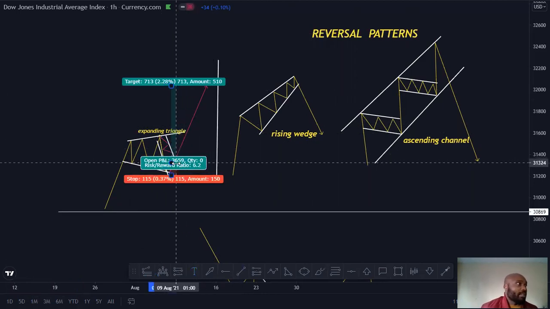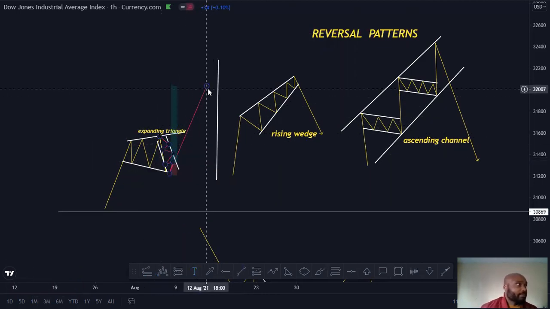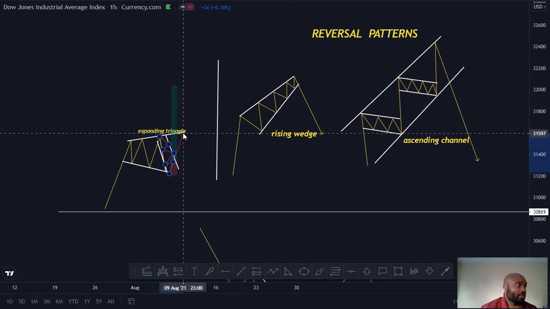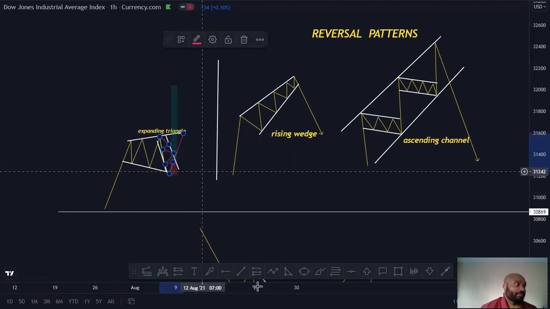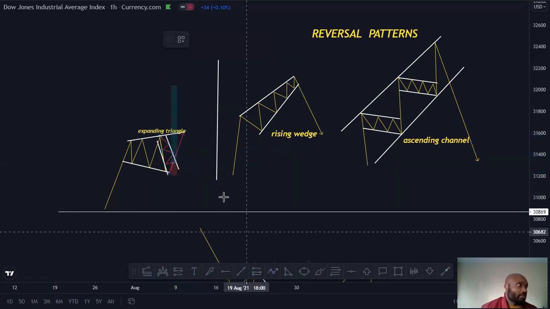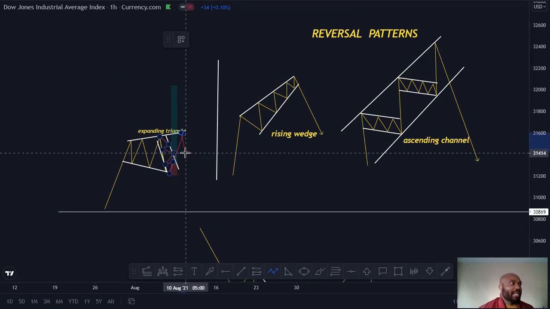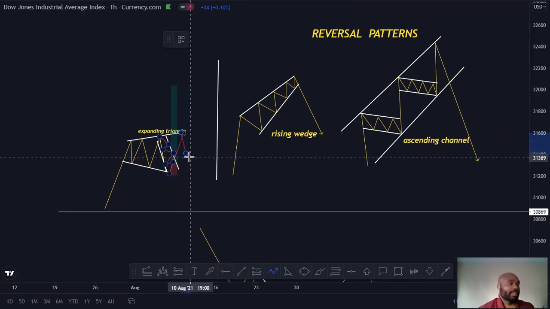And then our second entry would be if price comes to this resistance level here and fails to break it, okay? If price fails to break that resistance level and then retraces, but when price retraces, it doesn't go below.